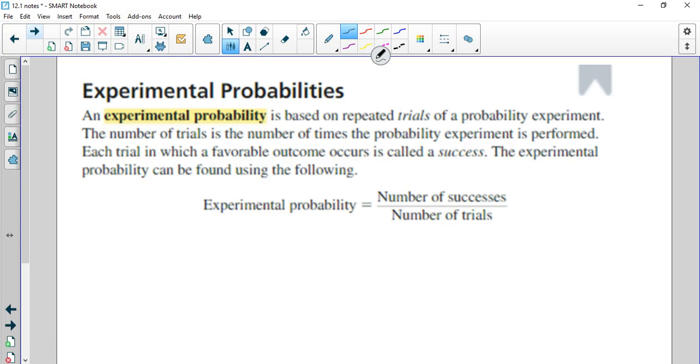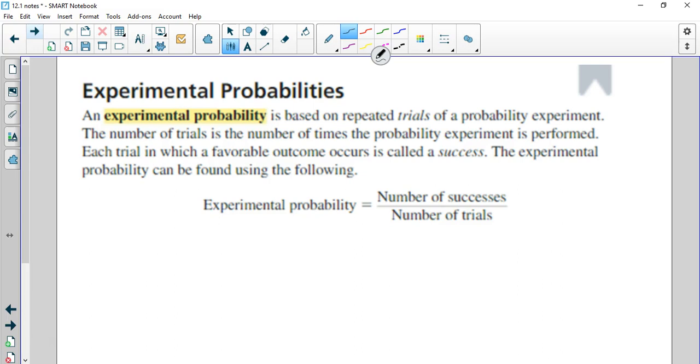Okay, probabilities. Experimental probability is based on repeated trials of a probability experiment, so continuously flipping coins, rolling the die, or doing the spinner. The number of trials is the number of times the experiment is performed. So if you roll 7 times, if you spin 12 times, that goes on the bottom.